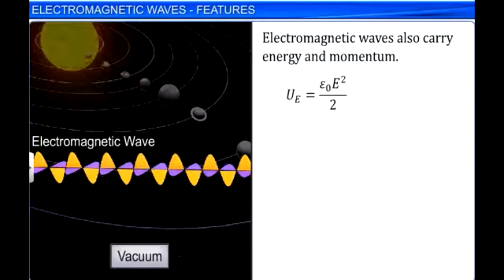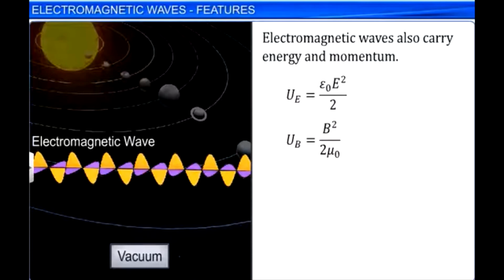And the energy density associated with the magnetic field in free space is written as UB is equal to B square by 2 mu naught.